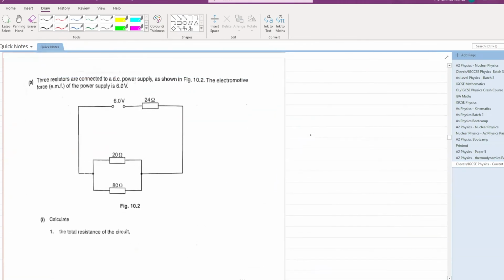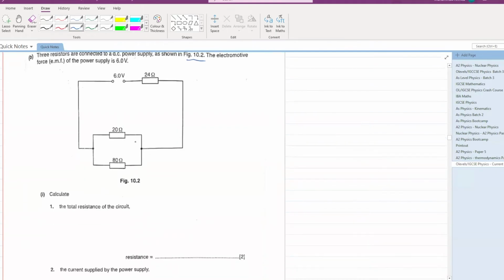Let's further move ahead. 3 resistors are connected to a DC power supply as shown in figure 10.1. The electromotive force of the power supply is 6 volts. Calculate the total resistance of the circuit. First of all, calculate the total resistance of this parallel combination. 1 over 20 plus 1 over 80 is equal to 1 over the total resistance.